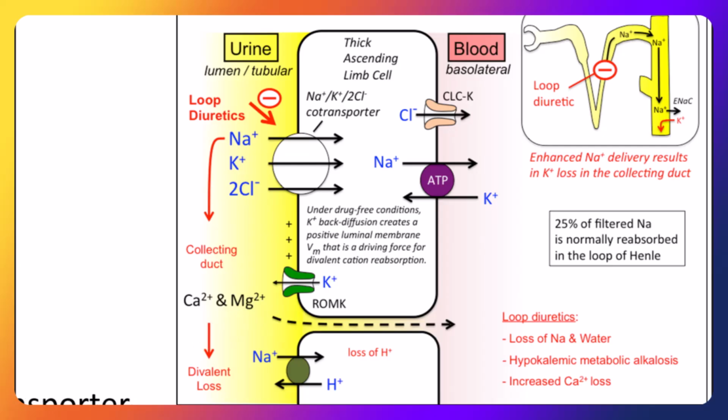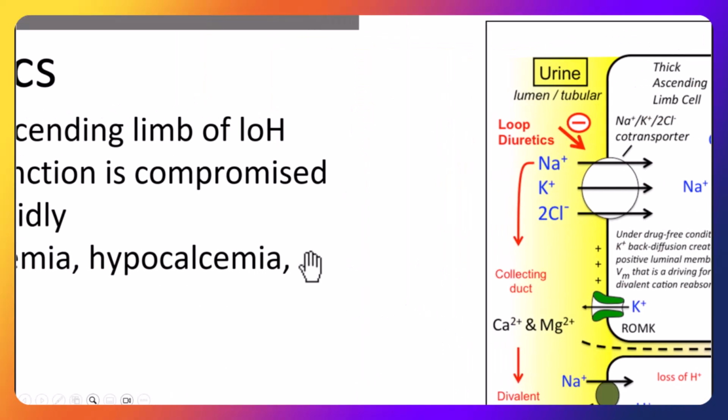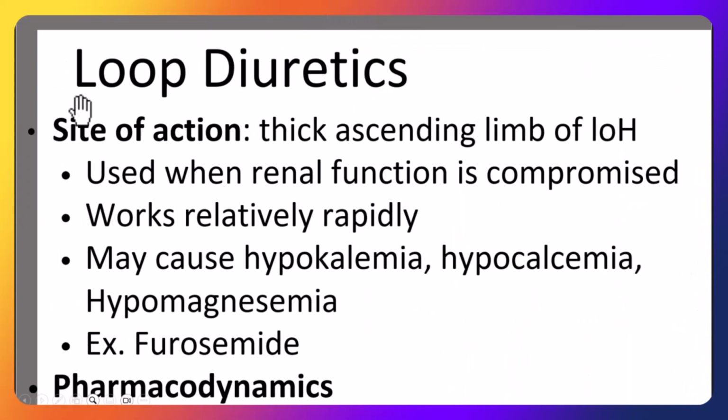So that's what happens under normal circumstances, but of course, this is not a normal situation. But you have to understand it to understand what happens when drugs are administered. Let's say somebody is given now a loop diuretic, okay?